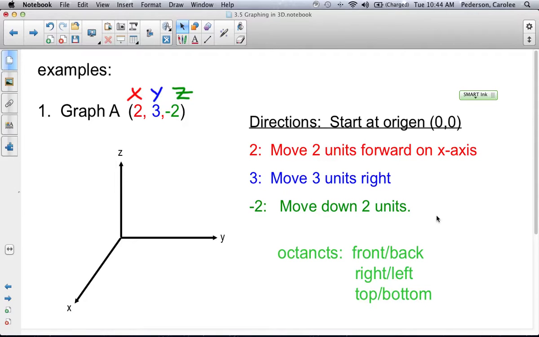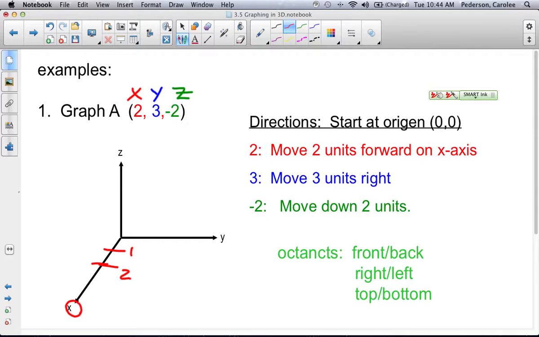Notice the first one is going to move us front or back. Since it's a positive 2, we're going to move to the front. So we're going to go along the x-axis, and we're going to go to the front 2 places. So just about there. So here's 1 and 2.